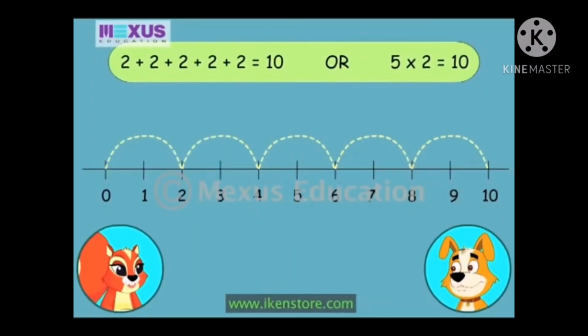Well, it's very simple. 2 has been added to itself 5 times. So, 5 times 2 is equal to 10.